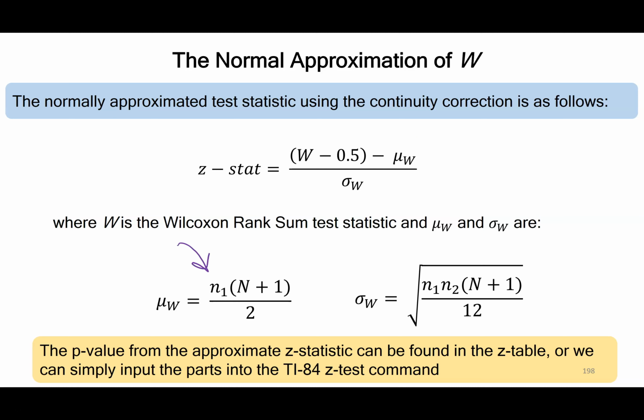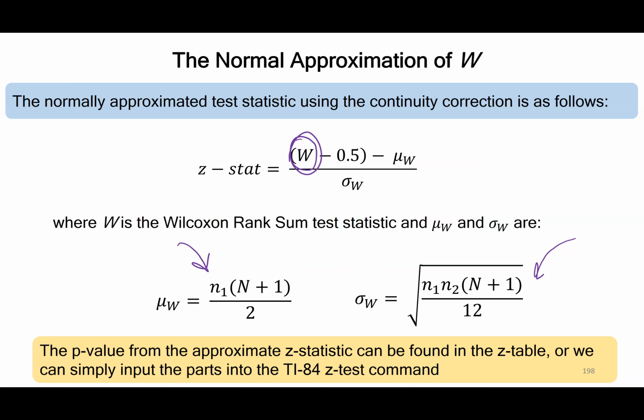you're going to calculate, whatever sample goes with this W, that sample size times capital N plus 1, over 2. And then sigma W, it's all under the square root, n1 times n2 times capital N plus 1, over 12.